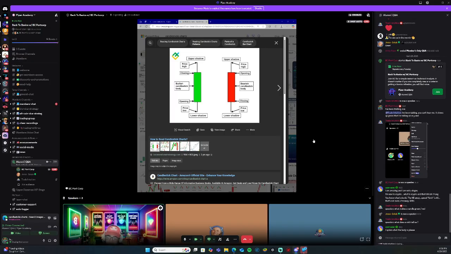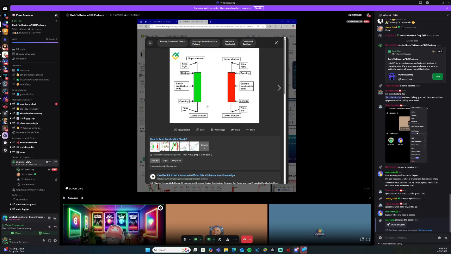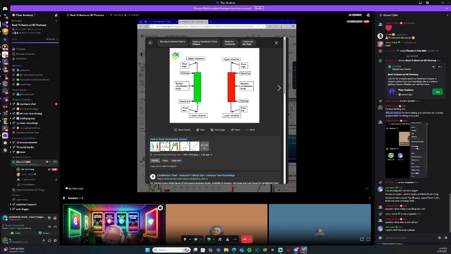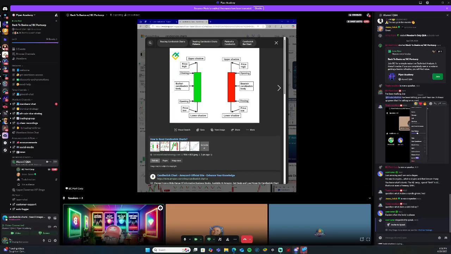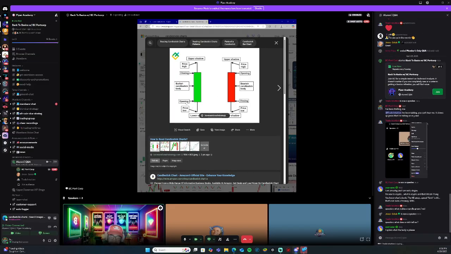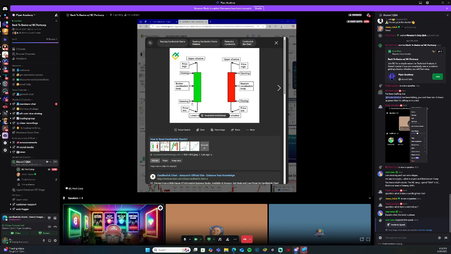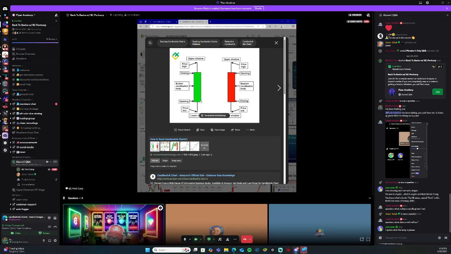When you see this green one, your opening price is going to be the bottom line of your candle, the opening price of the candle.